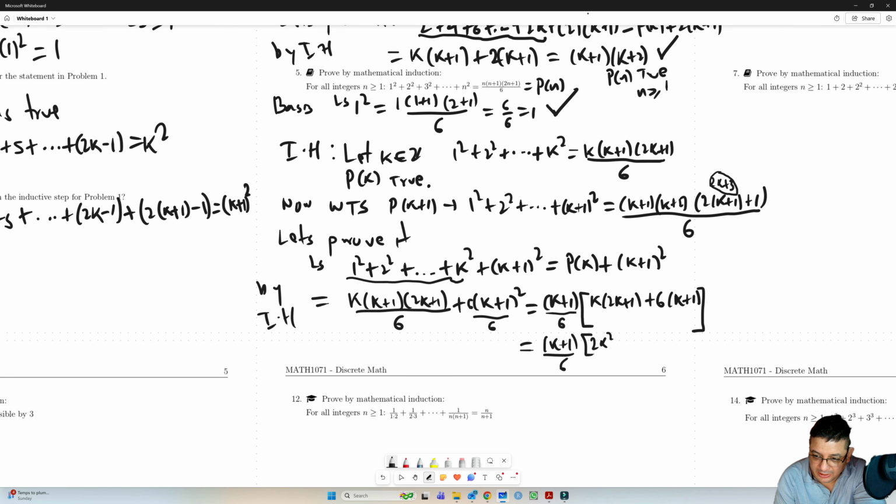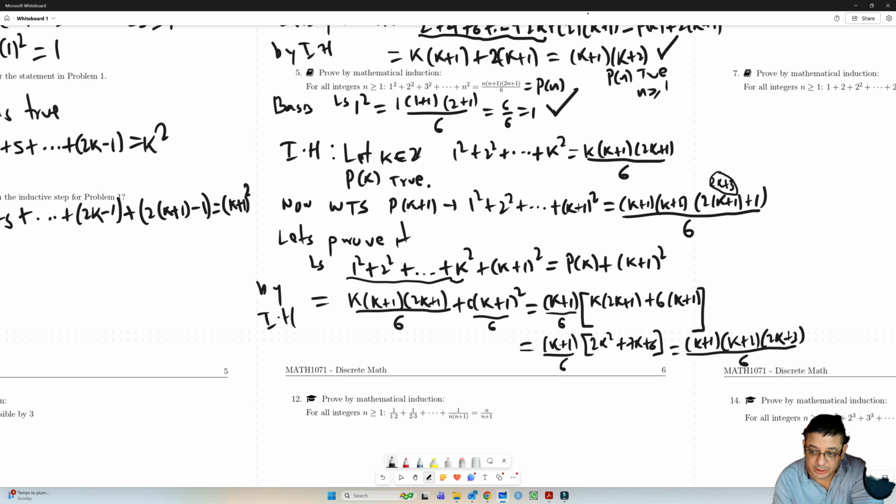And I get plus 6k from here, so plus 7k plus 6. Okay? And now I can factor this one out, and this is going to be k plus 1. And factoring out, this is going to be k plus 2 times 2k plus 3 over 6. So notice that that's the 2k plus 3 that I was expecting to get.